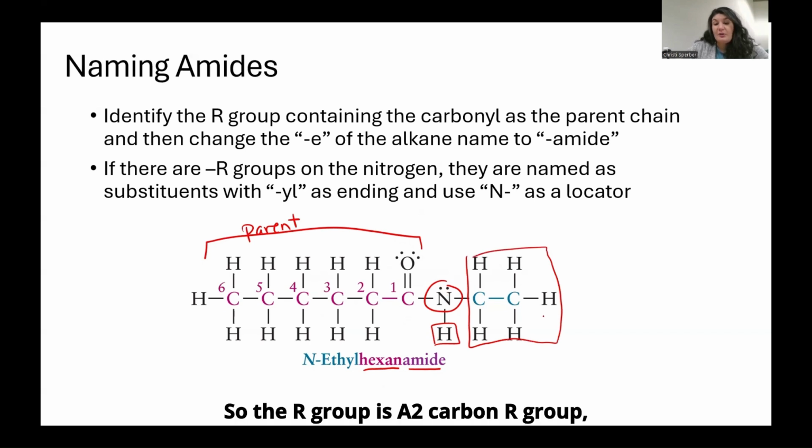The R group is a 2-carbon R group, which is ethyl. And we have a locator, so if it's off of the nitrogen, the N means that it's connected to the nitrogen. So we have N-ethyl hexanamide.